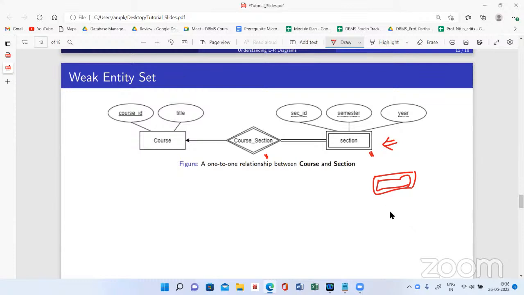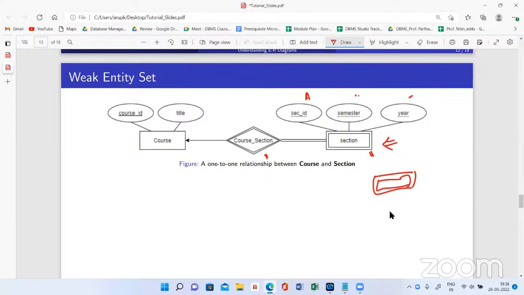And why do I say the section cannot be there alone? Suppose for each course we create a section AB. So the DBMS course has a section AB, and the Java course has a section AB. So here you can have section A, some semester and some year. So definitely there is no clear primary key defined over here.